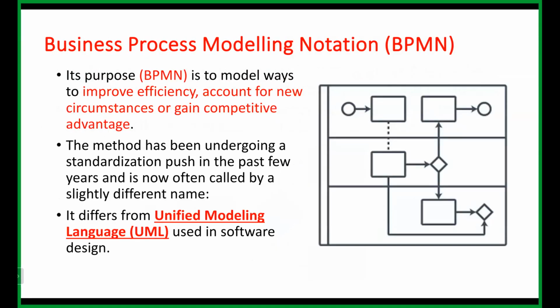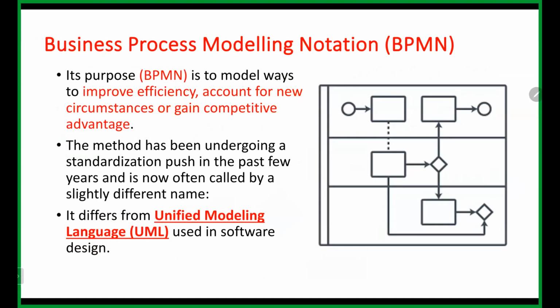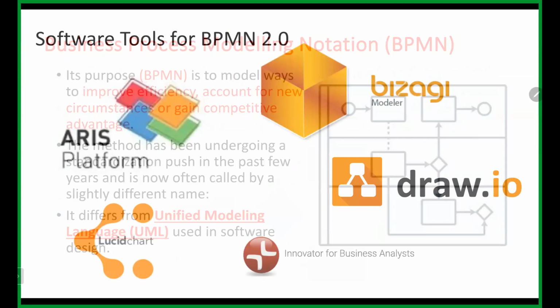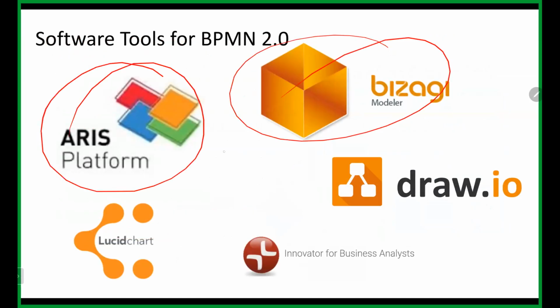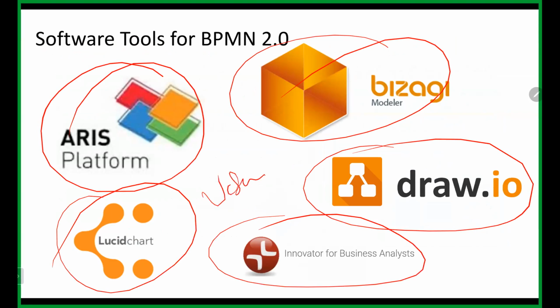Then I took you through the business process modeling notation. I told you that there are different tools. There's Microsoft Visio and several others. I'm using Innovator for Business Analyst. But let me tell you, all these tools use the BPMN notation, business process modeling notation, the same notations.